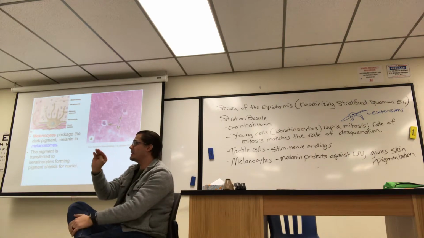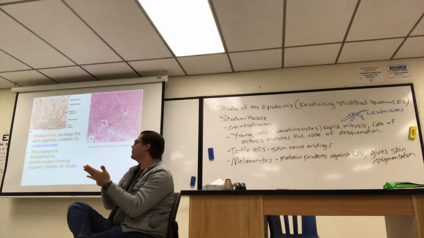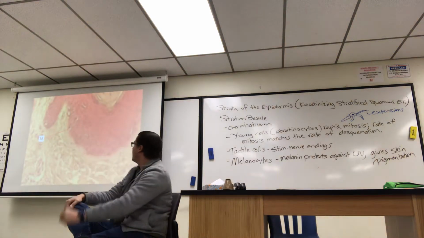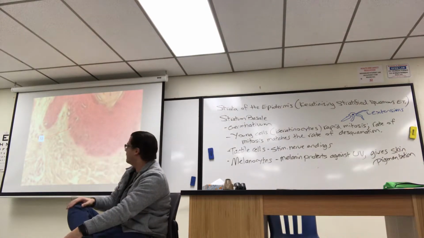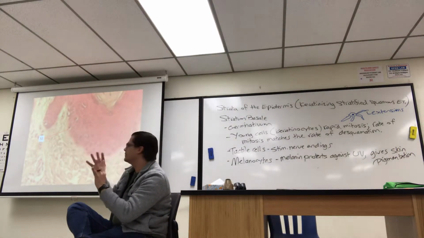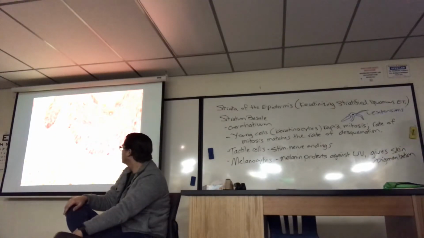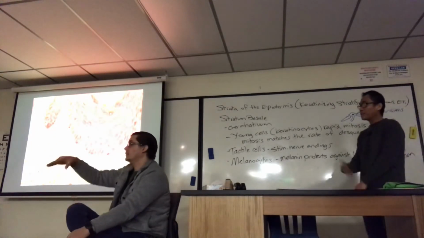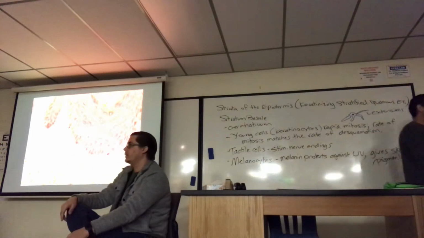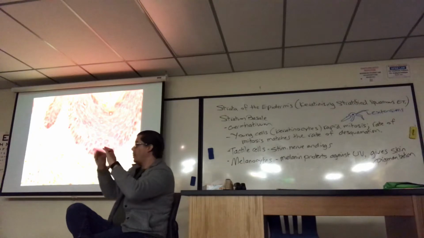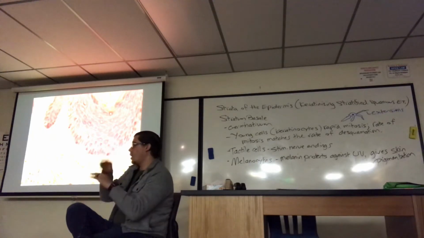And that's usually how you spot them. I'll turn out the light so maybe you can see it a little better in the back. So be able to identify that cell in a picture like this. So that's the bottom layer.